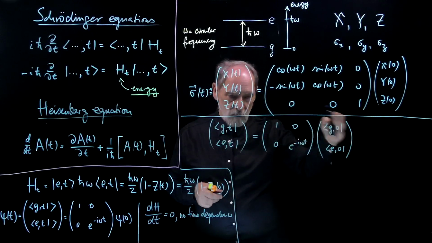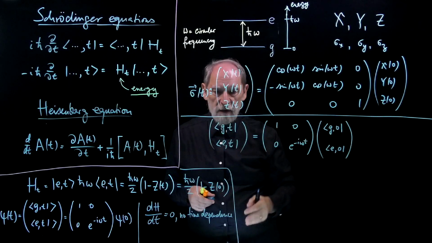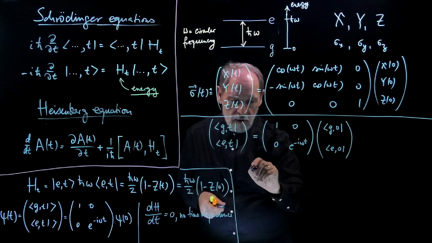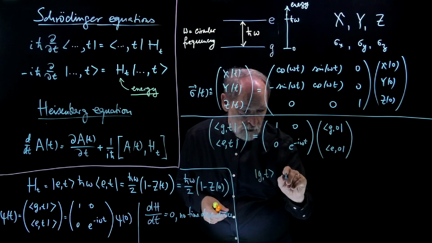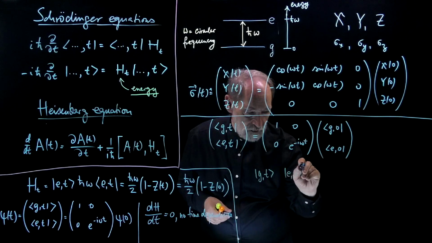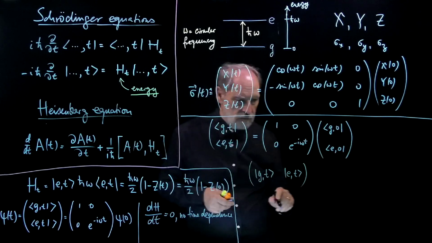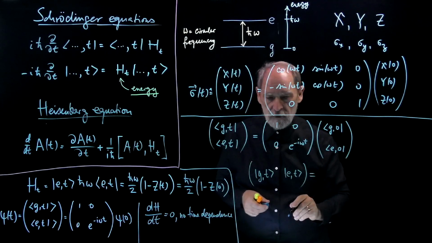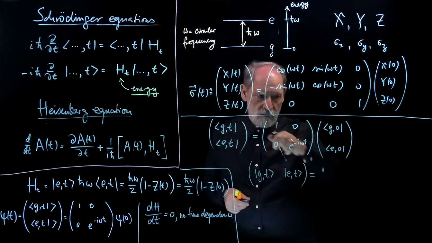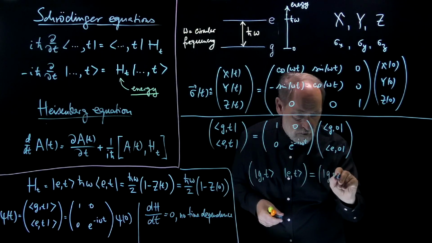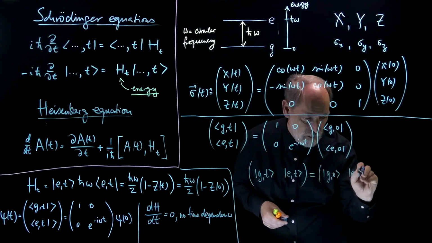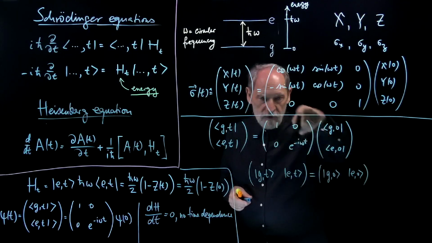Now, there's a corresponding equation for the kets, which we get by just taking the adjoint. So we have the ket for the ground state, the ket for the excited state. Together they are a row of those kets. And so we take the adjoint of this, we get the row of these kets at 0, and the adjoint of this matrix.